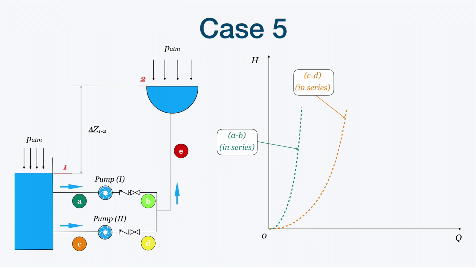Please note that although the curves of those systems that are in parallel are or could be different from one another, we should consider that the pressure losses are between the two common points.